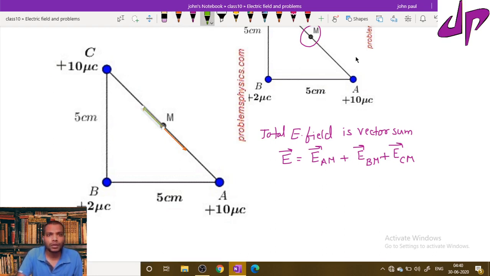These two are equal in magnitude and opposite in direction.